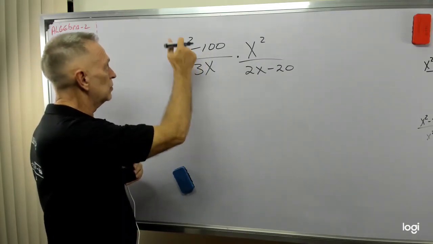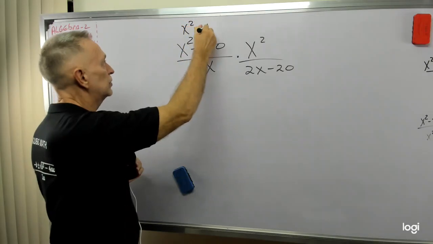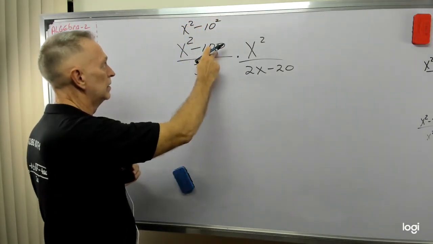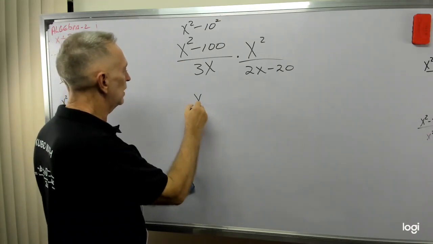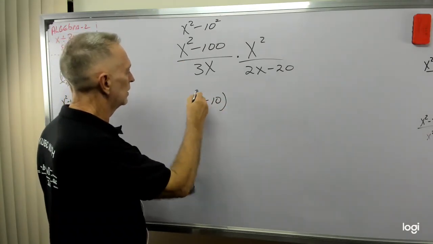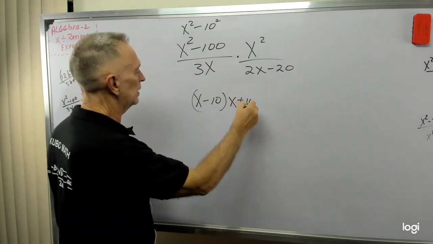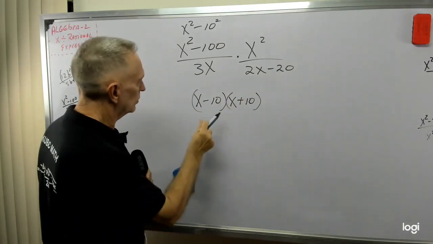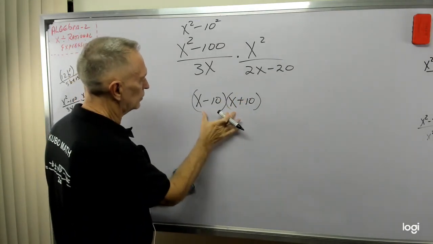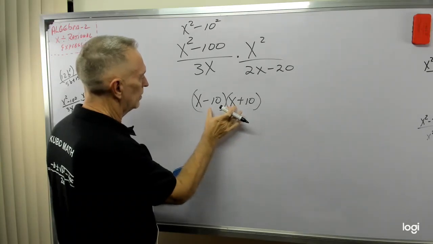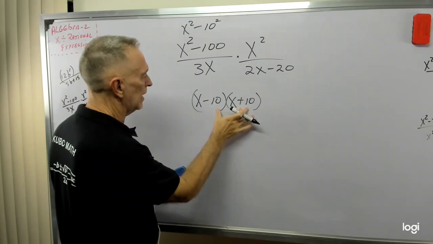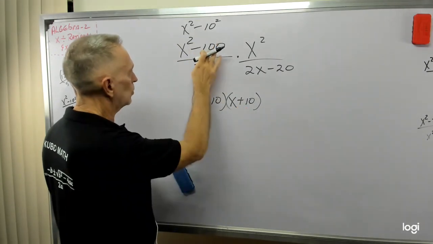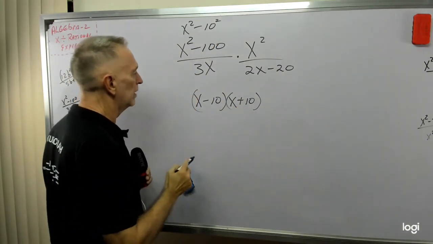That is x squared minus 10 squared. So I can reduce that one to x minus 10 times x plus 10. If we FOIL that, that's x squared plus 10x minus 10x, so those cancel, minus 100. So x squared minus 100 would be that.